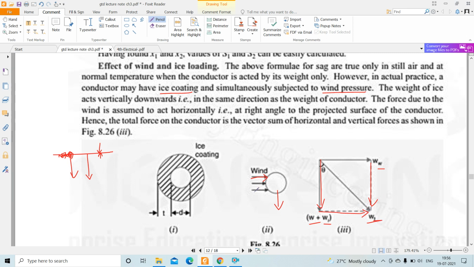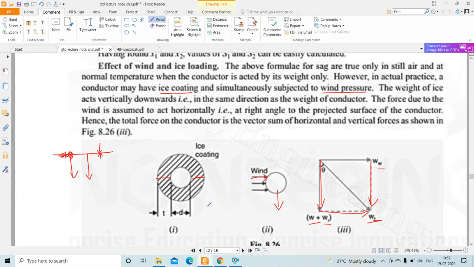In this case, this is the conductor diameter and this is the thickness of the ice, and this is also the thickness of the ice. So the total diameter of the conductor when there is ice loading is d plus 2t.